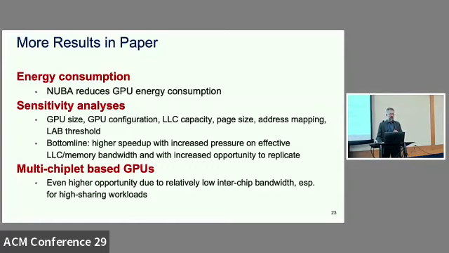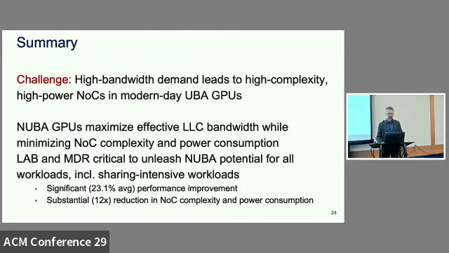We have more results in the paper regarding energy consumption, a variety of sensitivity analyses, and also an evaluation with multi-chip GPUs, basically showing that as the opportunity increases, NUBA becomes more important. In summary, high bandwidth demand leads to high complexity, high power NOCs in modern-day UBA GPUs, and so the NUBA architecture maximizes effective LLC bandwidth while minimizing NOC complexity and power consumption.